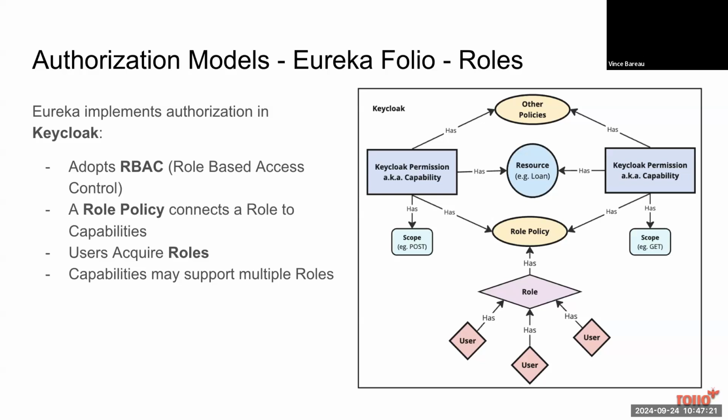So what this means is you give a user a role, and you've predefined the role to include a specific kind of policy, a role policy, and that role policy is included in a capability. So essentially, you can manage and assign users capabilities by assigning them to a role. So this is a role-based access model that we're implementing here.